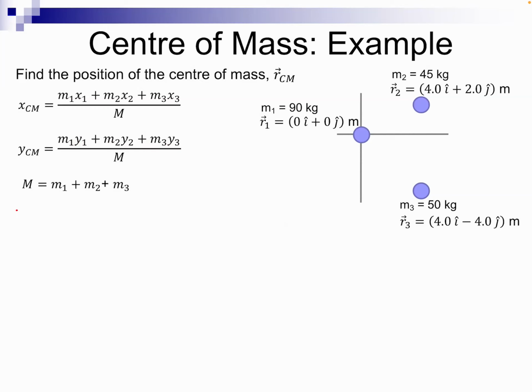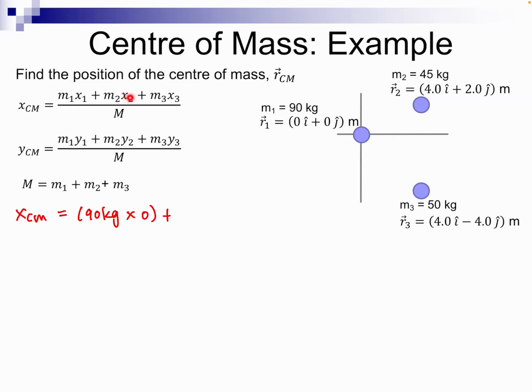So let's do the center of mass along the X. You have 3 particles, so that's just m1 x1 plus m2 x2 plus m3 x3. So m1 has a mass of 90 kilograms times its position along the x, which is 0. I'll write it down even if it's 0, just so we can see the direct application of the equation.